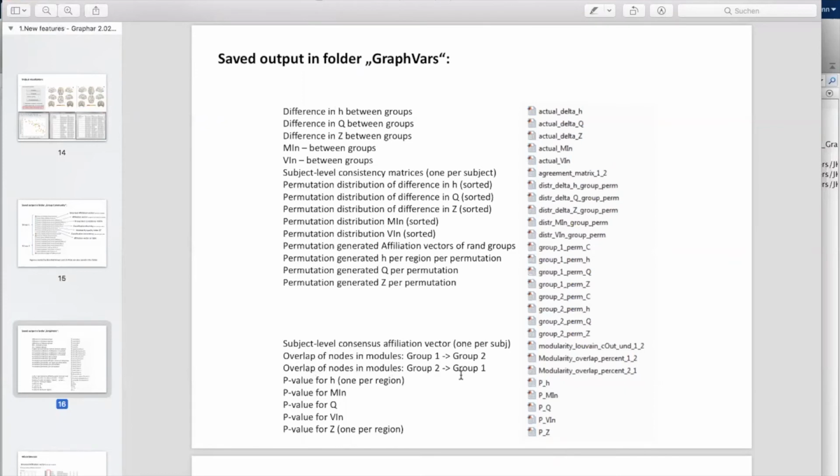Right, you always have to look from two sides to actually get a grasp on what this means. So group 1 could have module A, and module A has an overlap of 90% with module A in group 2.